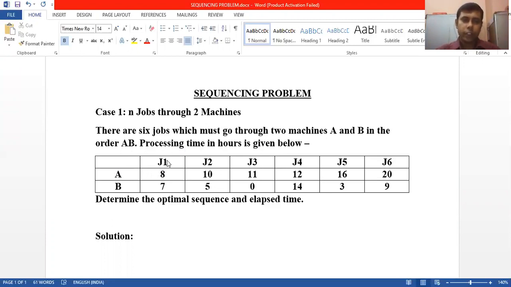For example, J1 spends 8 hours on machine A, J2 spends 10 hours on machine A, J3 spends 11 hours on machine A, J4 spends 12 hours on machine A, J5 16 hours, J6 20 hours. Similarly, J1 spends 7 hours on machine B, J2 spends 5 hours on machine B, J3 spends 0 hours, J4 spends 14 hours, J5 spends 3 hours, and J6 spends 9 hours.